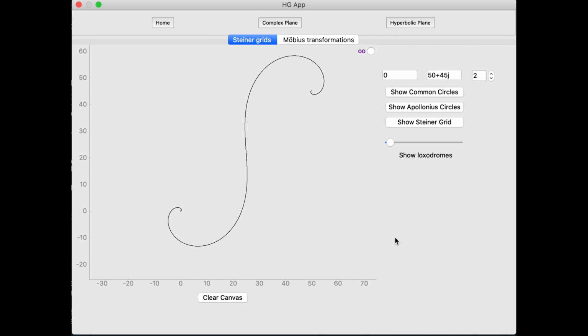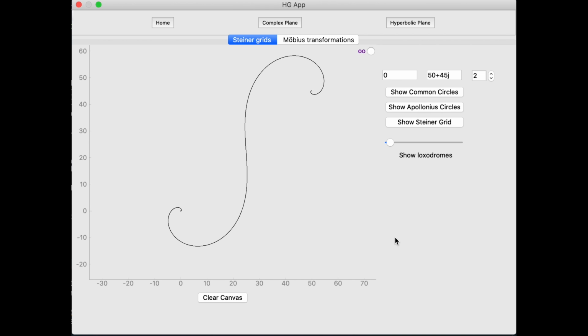So actually what we showed was that if we consider the points 0 and infinity, and then we take the loxodromes connecting 0 and infinity with respect to a given complex number alpha, then the angle of intersection of any of those loxodromes with any of the circles centered at the origin is always the same, is constant, right?